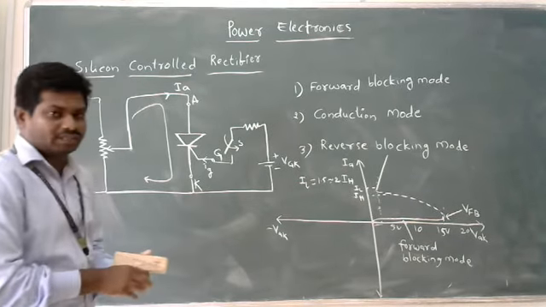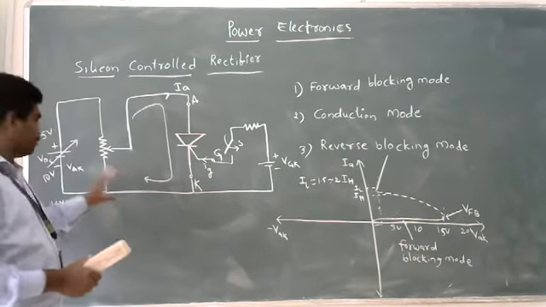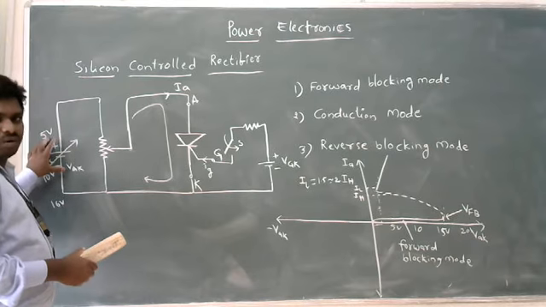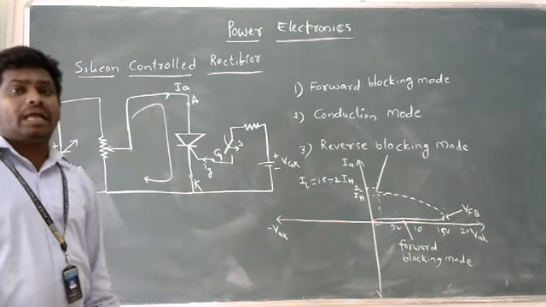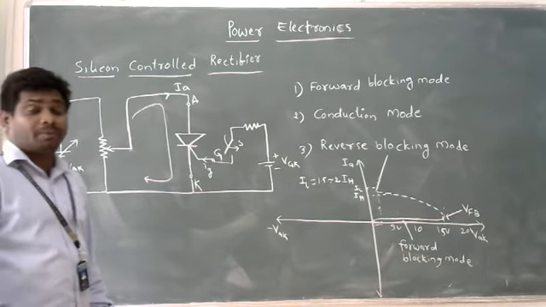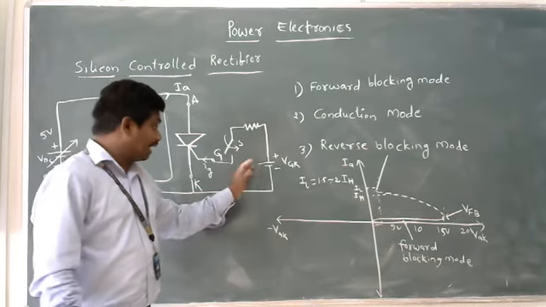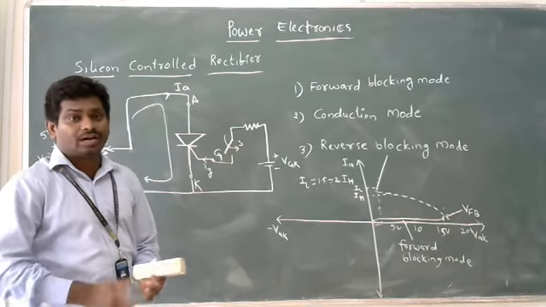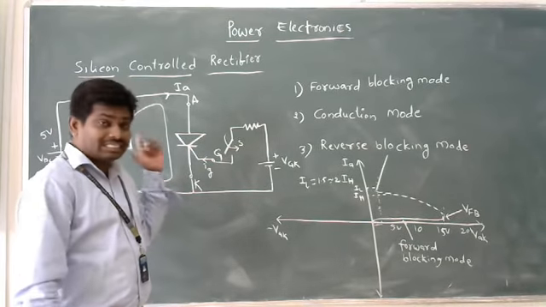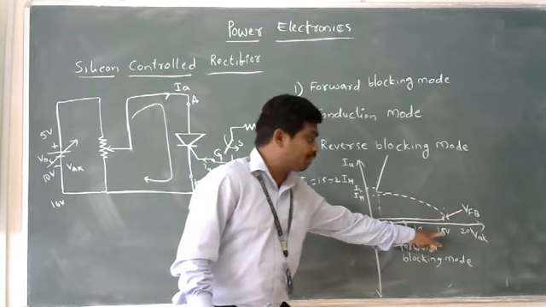So by applying forward voltage, J1 and J3 junctions are already forward biased, but the J2 junction is going to break down by applying an external source through the gate terminal. Hence, this SCR won't need that much breakdown voltage.